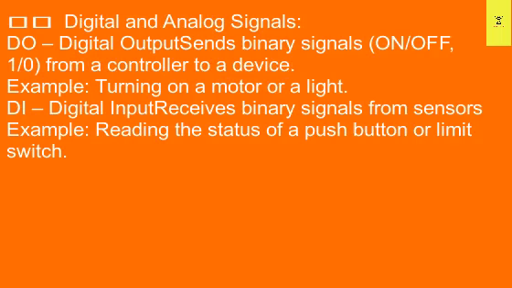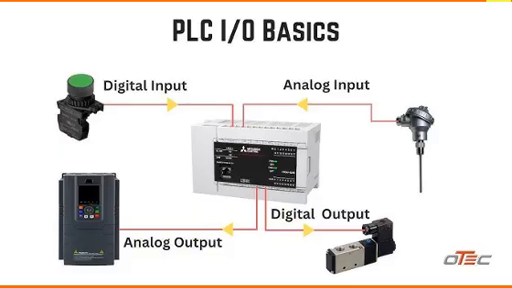So to ensure, you have to check the markings written on the PLC. You can find I, which represents input, and O, which means output. I means input, O means output.